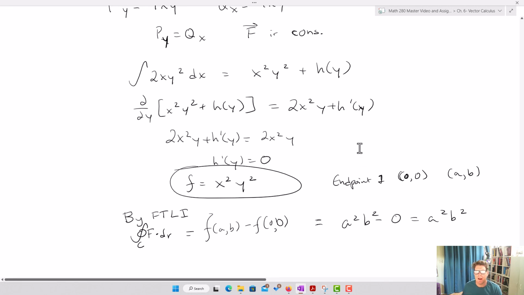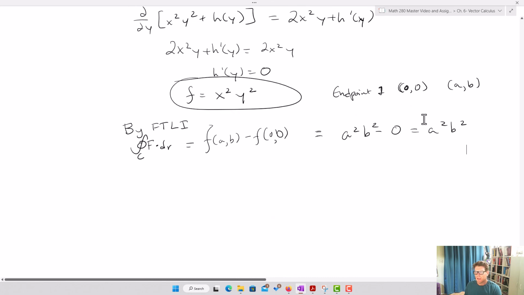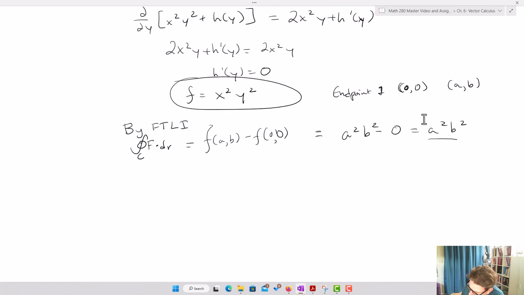And that is the amount of work done on this vector field traveling from the origin to any point on the vector field, as long as it's not on the x or y axis. So let's take a look. It says, show that F does positive work on the particle. Okay? So we've got a smooth parametrization, and we show that this is in fact positive.